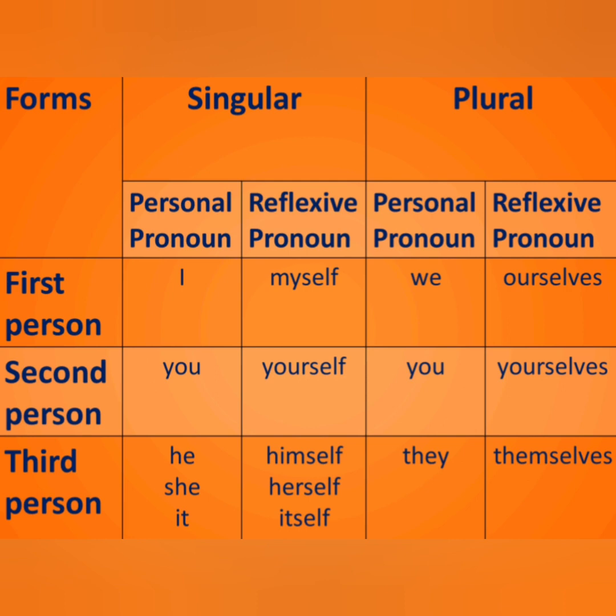Next, third person singular personal pronouns are he, she, and it. Third person singular reflexive pronouns are himself, herself, and itself.